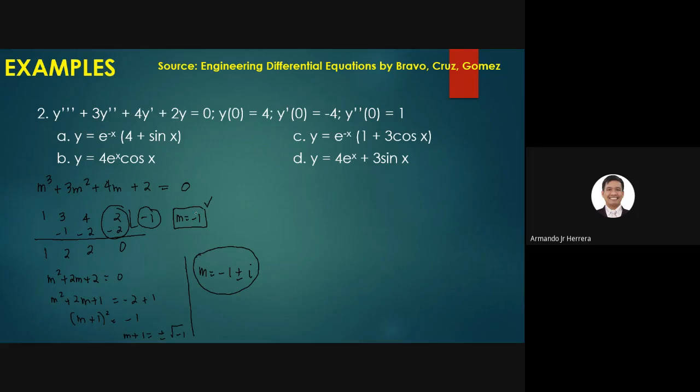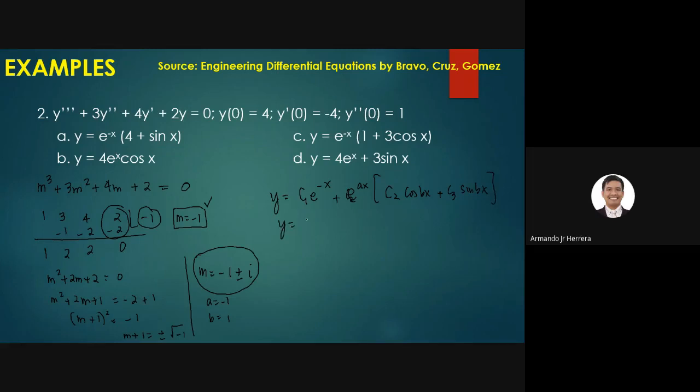So ang pagka-real number, y is equal to c1 e to that exponent negative 1 times x. So okay na kaagad tayo dun sa unang root na distinct. So dito sa complex conjugate, a here is negative 1, b here is equal to positive 1, so that is e to the ax quantity c2 cosine bx plus c3 sine bx as per derived kanina.